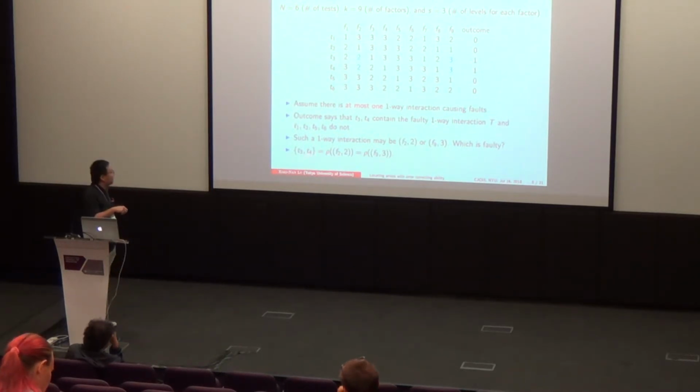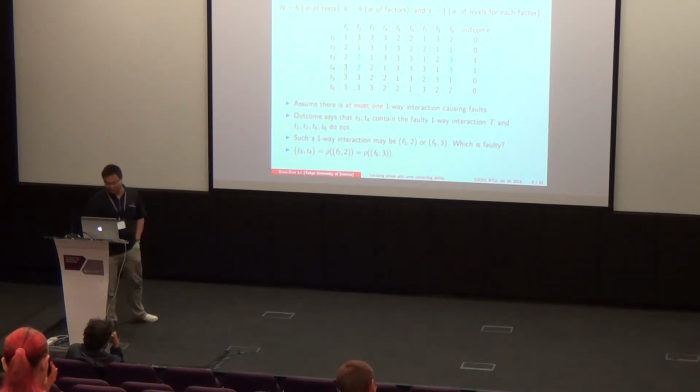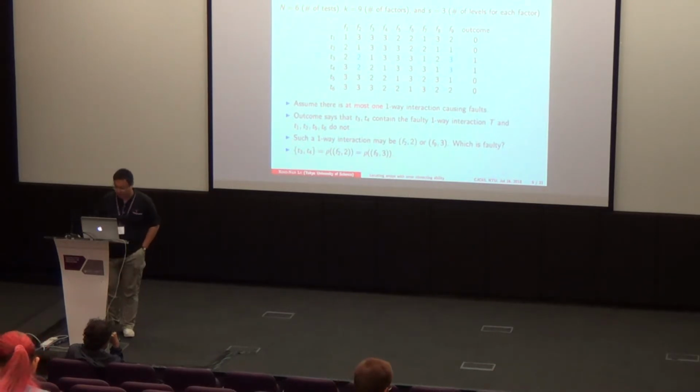So in this case, by formulation, we can see the row of F2 and 2, that is, all the rows containing this one, is T3, T4. Now also, if we consider F9 and 3, we get the same subset. So this is a problem.